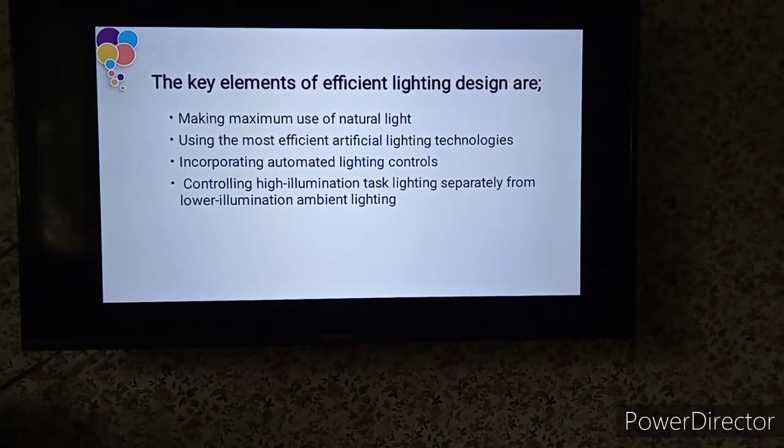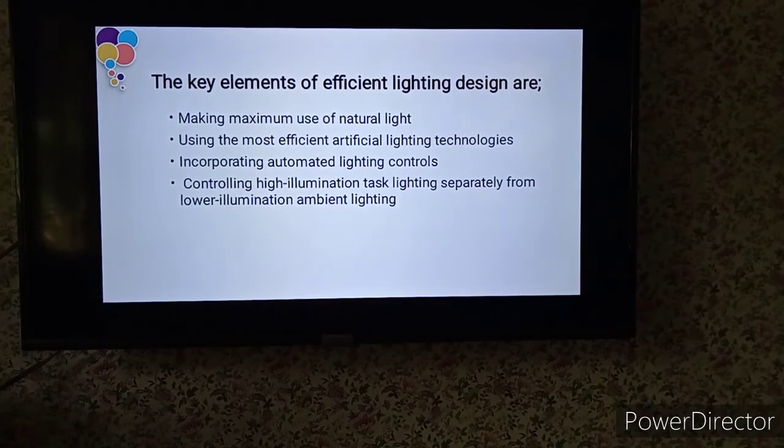So the key elements of efficient lighting design are making maximum use of natural light. So atong pag-maximize ang paggamit sa natural light. So for example sa atong mga balay, maghimo ta og daghan window kay para sa daytime dili na kinahanglan magamit og suga kay hayag naman atong sulod.